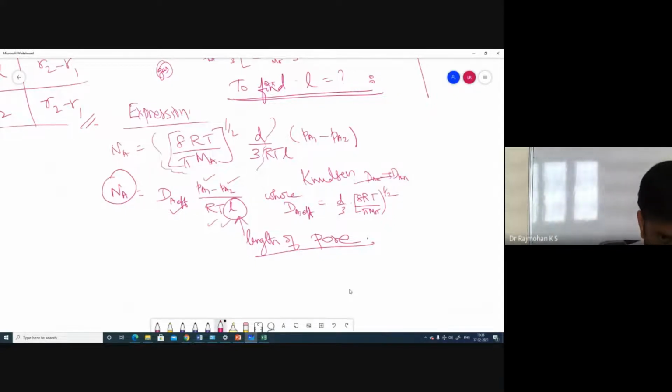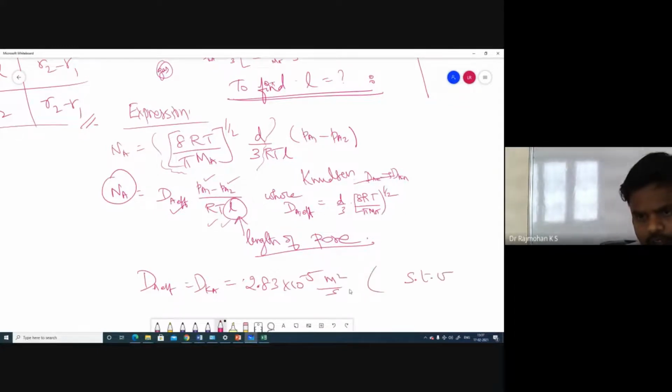What is dK value? 2.83 into 10 power minus 5 meter square per second. See, all the values are subject to verification by the learners.